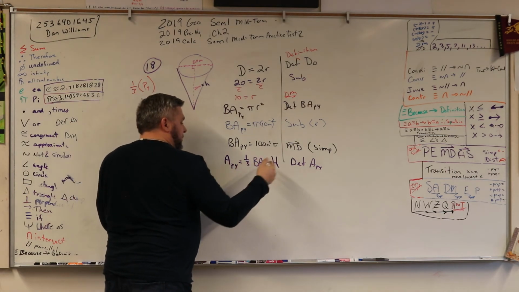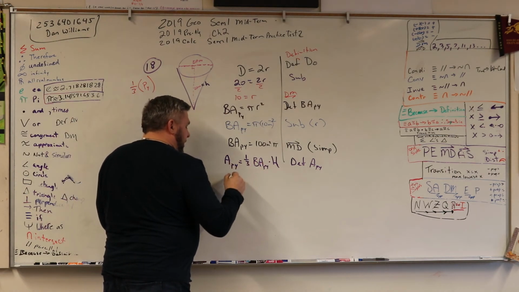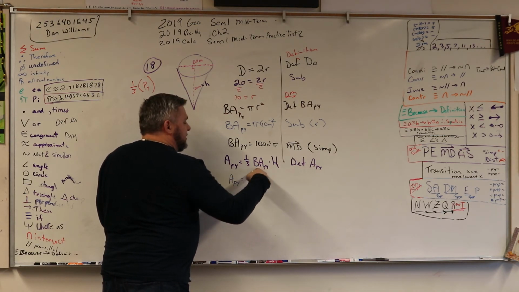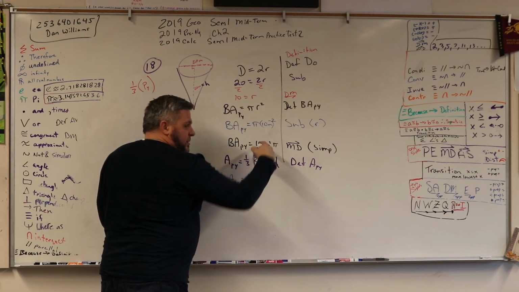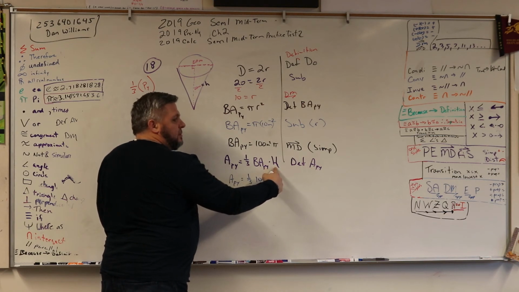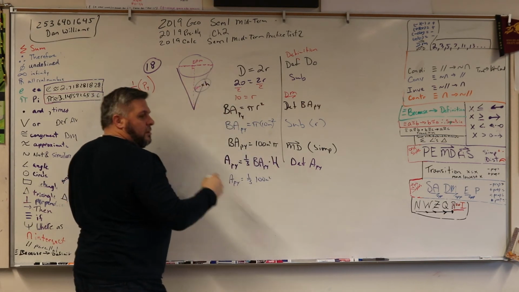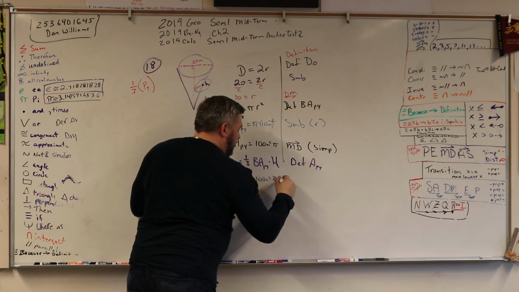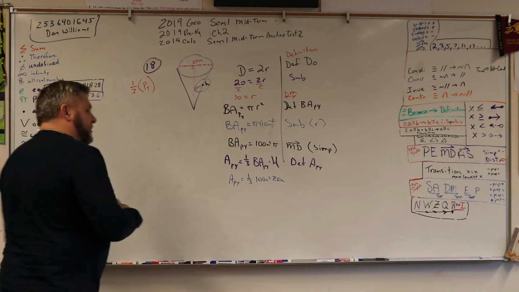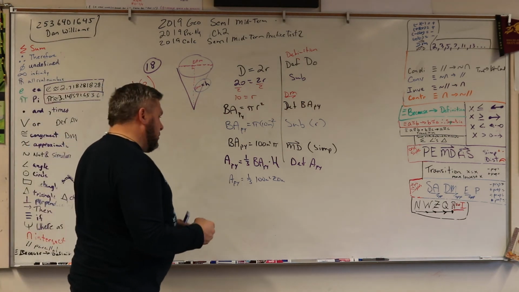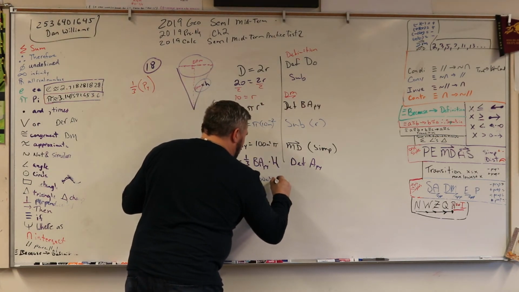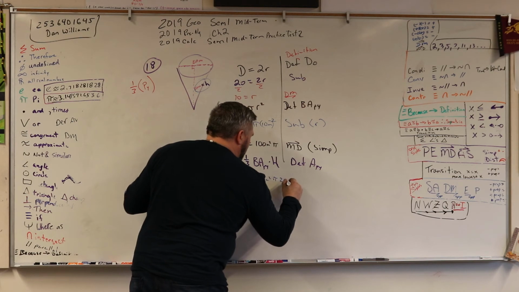Alright, so I'm going to take the area of a pyramid and say it's 1/3. What's the base area we found it to be? 100. Good. And what's the height? 20 meters. Good. Now, what is 20 times 100? Oh, sorry, it was 100 pi. 100 pi and then 20 meters.